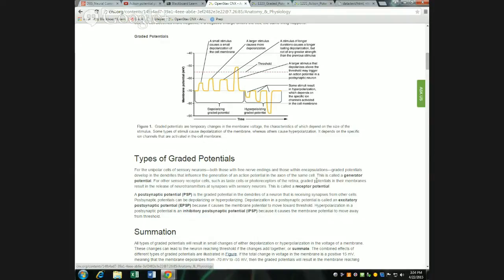So when you're putting pressure on your skin, that's activating receptors in the dendrites, receptors in the dermis. And if it's actually a nerve cell that's being activated, that's a generator potential. And if it's a specialized cell called a receptor cell, then it's a receptor potential.